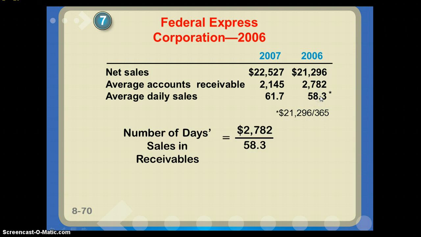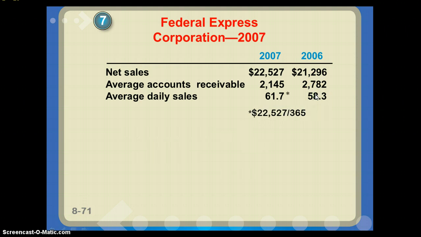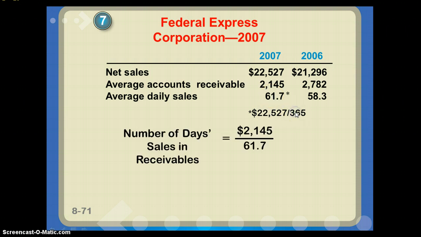So we simply take those numbers, 2,782, our average accounts receivable, divided by our average daily sales in 2006 to get 47.7. Looking at 2007, we go ahead and take our average accounts receivable of 2,145 divided by our average daily sales, again calculated by taking net sales divided by 365 days, we get 34.8.